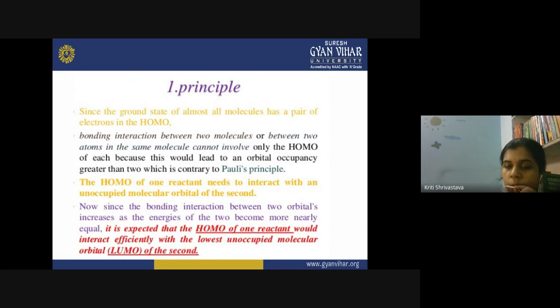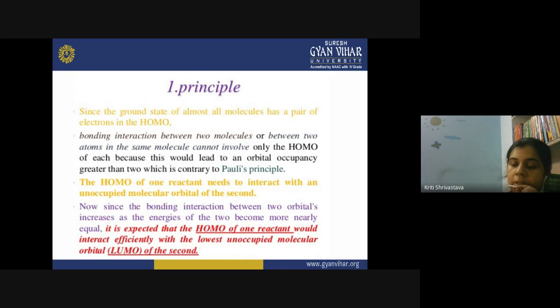When you drew the molecular orbital diagrams of different molecules, you saw that after filling all the electrons, the orbitals above are all empty. Among these empty orbitals, the molecular orbital with the lowest energy is my LUMO.